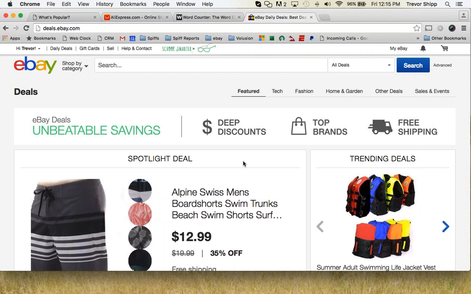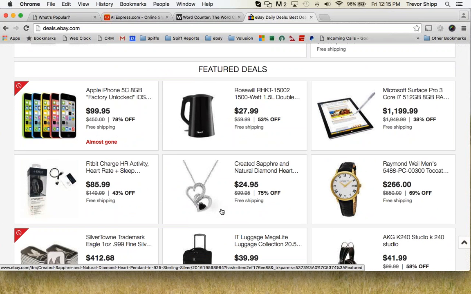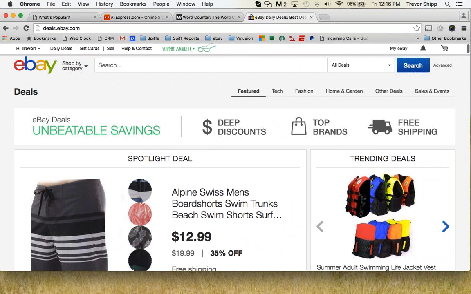It's one of their popular pages on their site, and whatever eBay chooses to put on this page actually sells like crazy. So it doesn't necessarily mean the item is very popular. It just means that it was featured on the eBay Deals section, and therefore it artificially shows a lot of popularity when in fact to the general public it may not be that popular. It was just a cheap deal that eBay put up. Does that make sense?